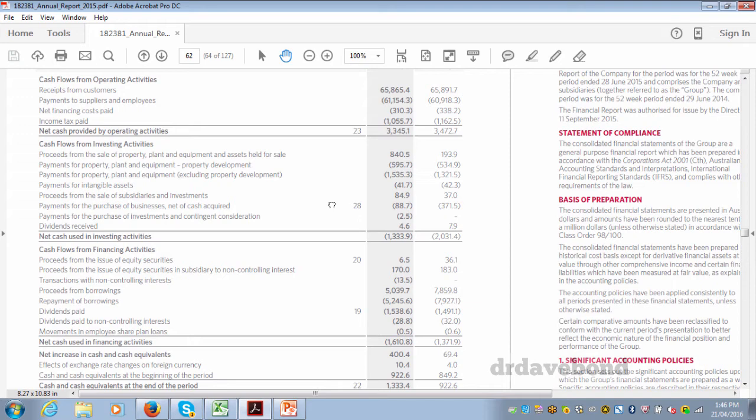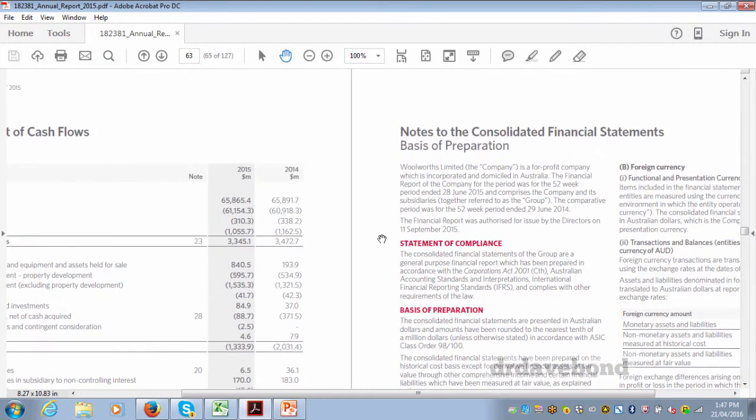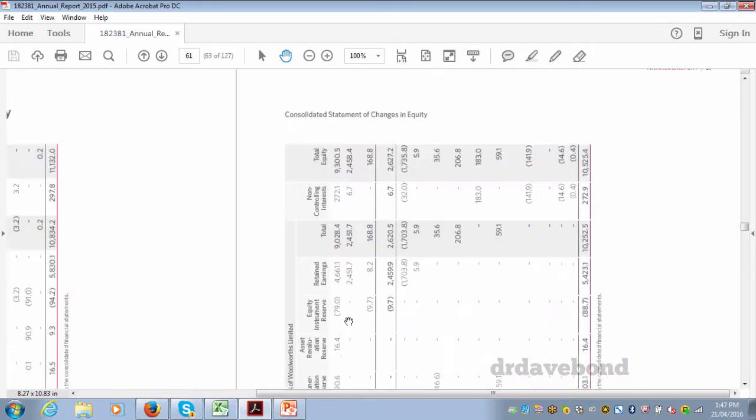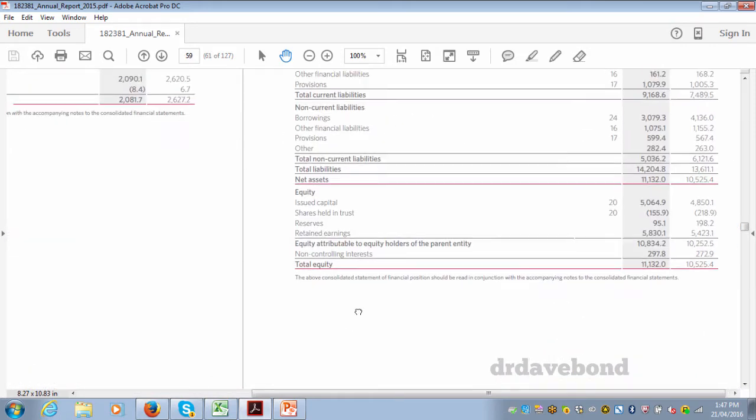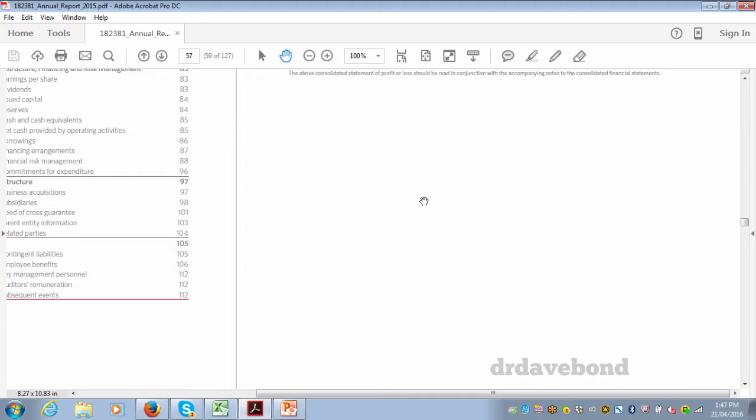Now, coming back to this point about cash is king. Where is it?